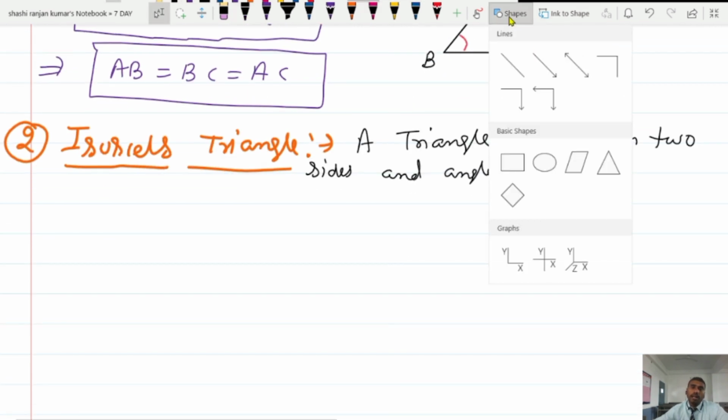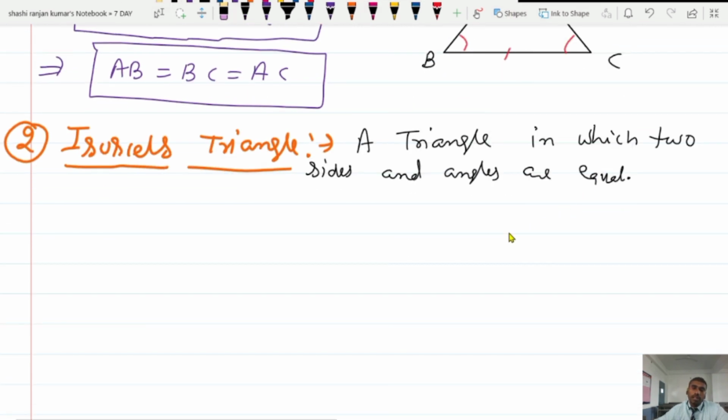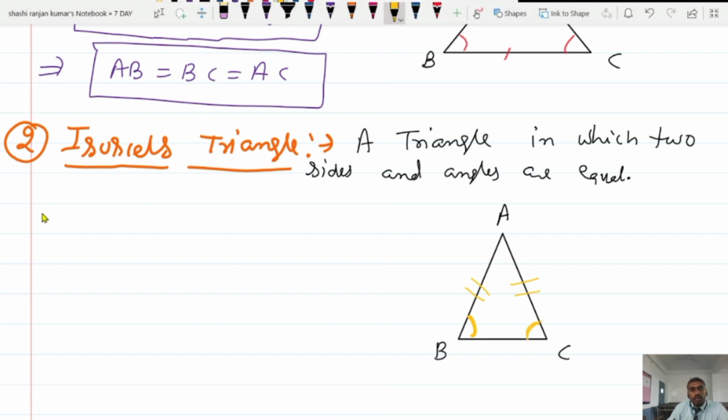Let us make a diagram here. This is point A, this is point B, and this is point C. In this diagram, these sides we have taken as the same, and the angles opposite to the equal sides will also be equal. So triangle ABC is an isosceles triangle.